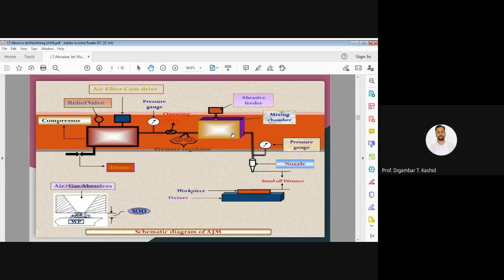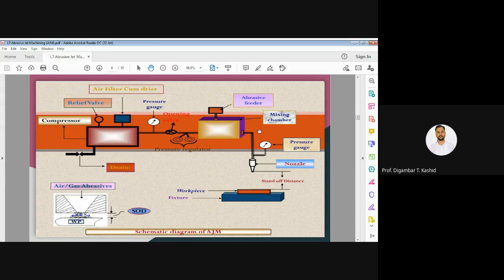Also, there should be a vacuum dust cleaner, which is a part of this mixing chamber and is attached to your machine chamber. Now what is the purpose of this vacuum dust collector attached to the machine chamber? That collector can take dust particles.